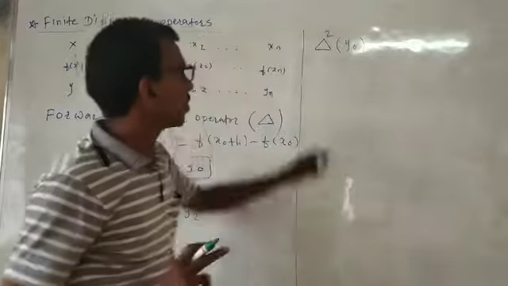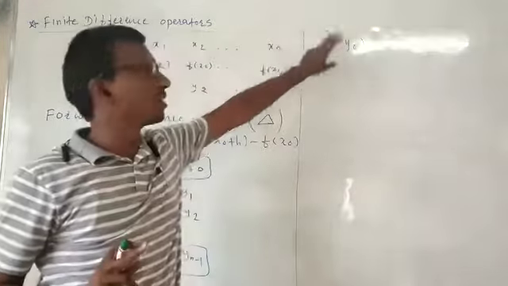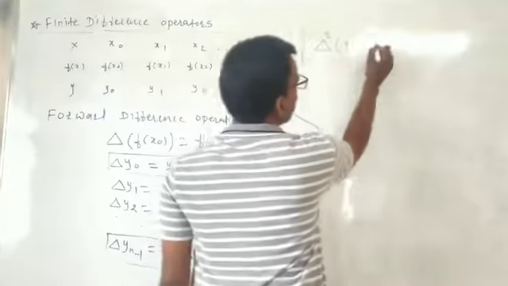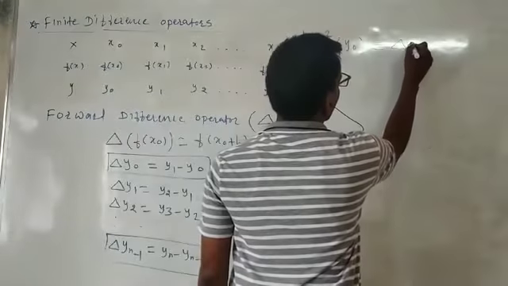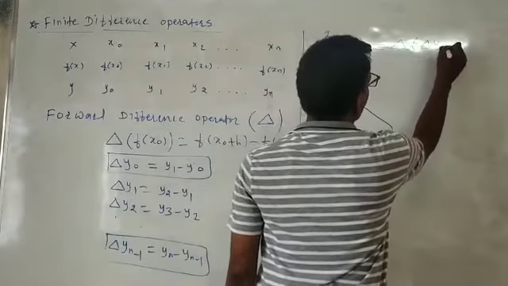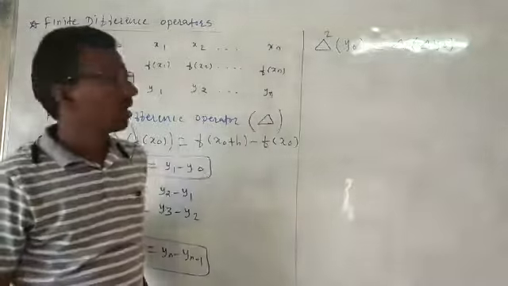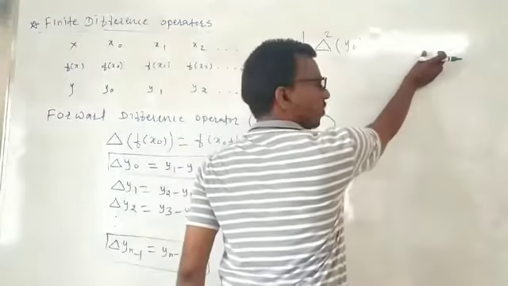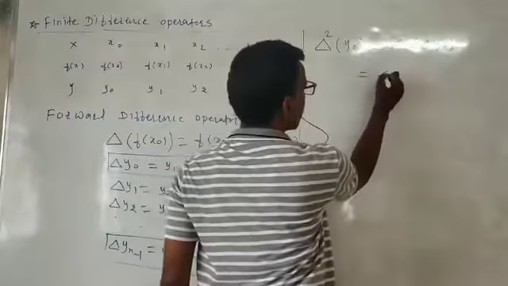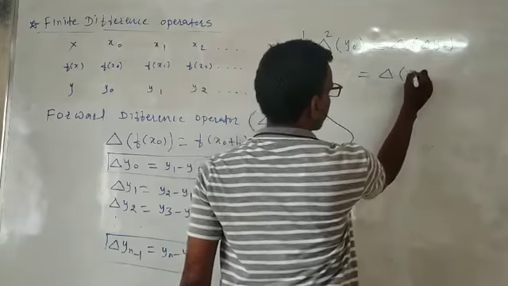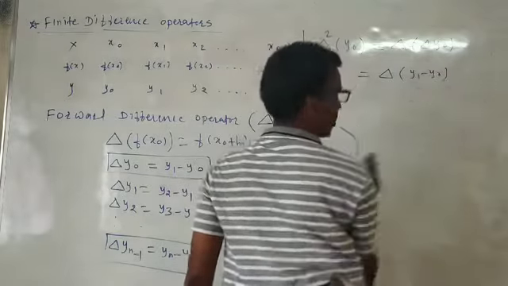Delta square, the second order forward difference operator of y0, can be written as the forward difference of this one. Now we know the formula for this is y1 minus y0.